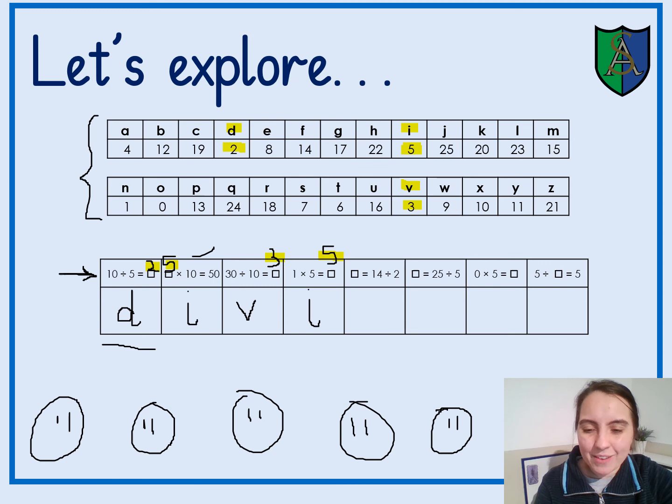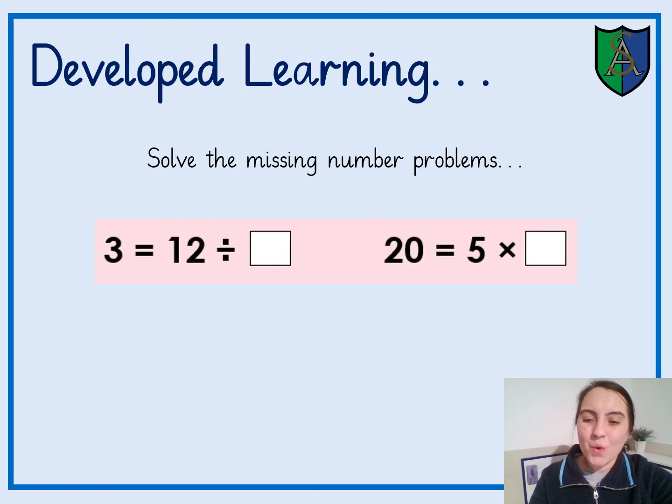Let's see if you can crack the code for your training. Off you go, detectives. Well done if you managed to crack the code and find out that the word was division. Brilliant job, everybody. And remember, in today's lesson, we're going to be doing more of that.